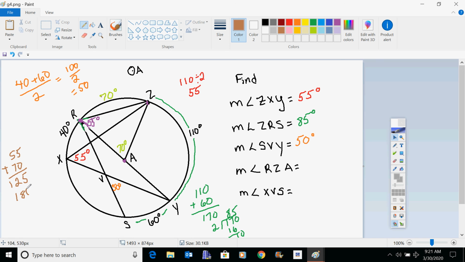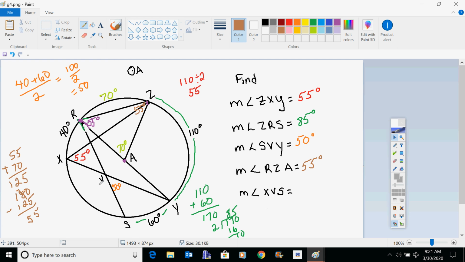So 180 minus 125 would give you 55 again. So this one's 55 in this case, but that's the process of finding it.